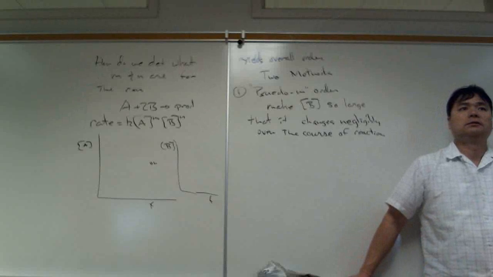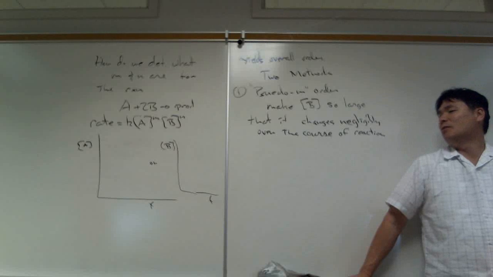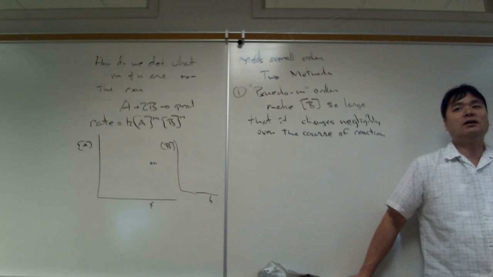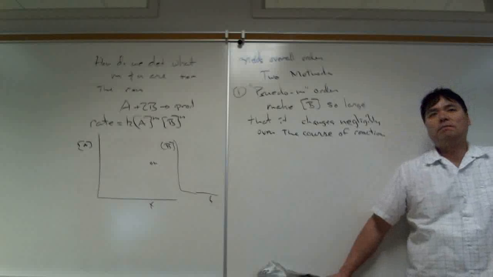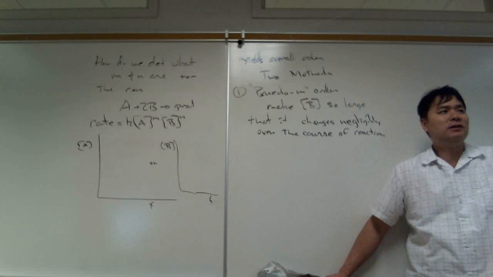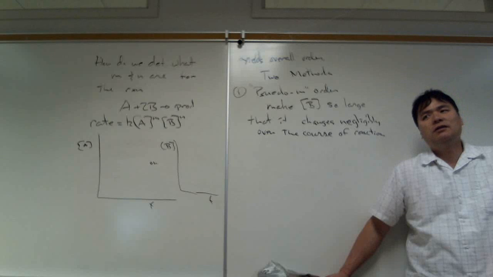And so one way of thinking about this is, to make water balloons, you'll need balloons and you'll need water, right? And if you have so much water, like let's say a swimming pool's worth of water, and just a few balloons, then is the amount of water really going to change over the course of the reaction?